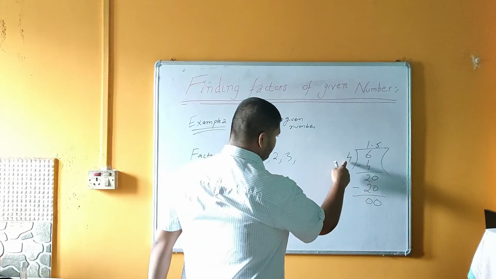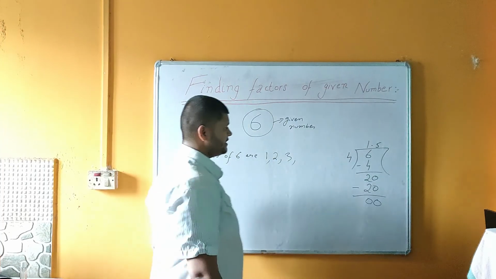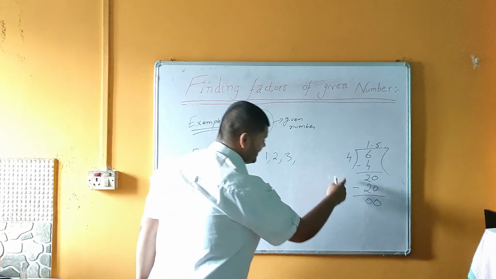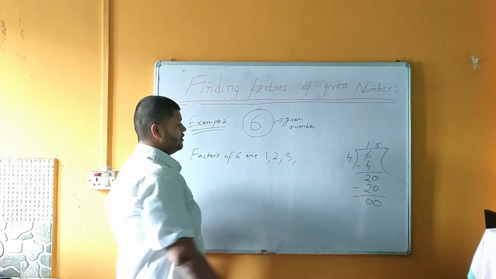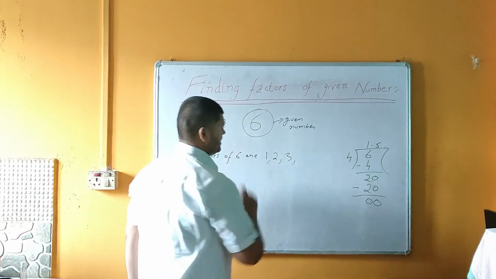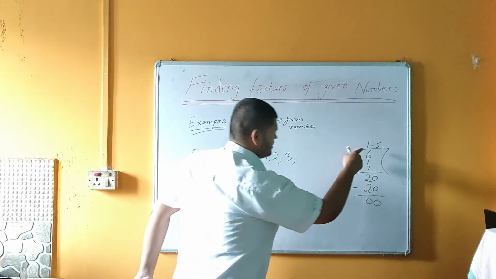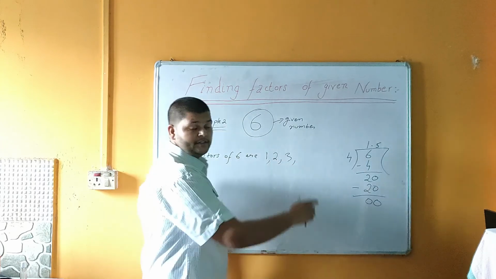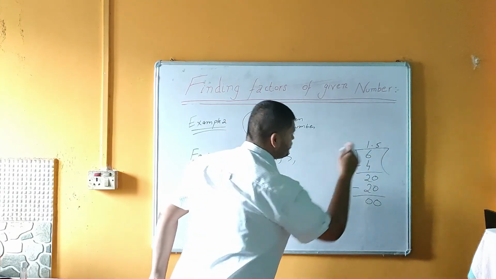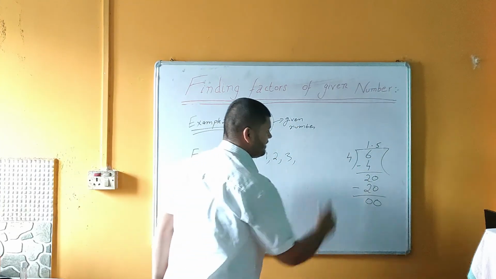Do you think this 4 is a factor of 6? You might be telling that here the remainder is 0, that means this 4 is a factor of 6. No, my dear students, here 1.5 is the quotient. This quotient should be a natural number. It should not be a decimal value.